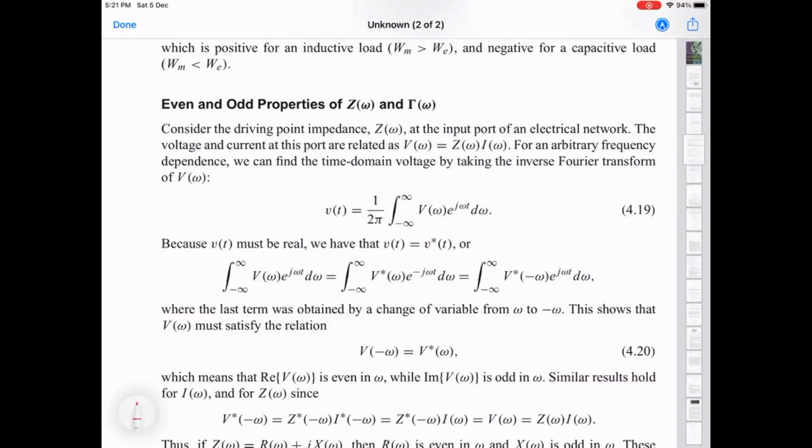See, in general, when we are dealing with circuits, so forget even microwaves, we know V is IZ, right? But when we look at it like that, we never think about whether this equation is written in the time domain or the frequency domain.